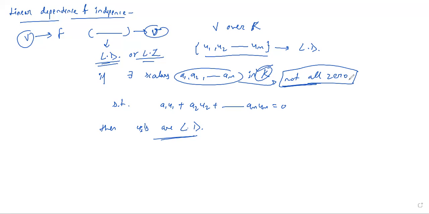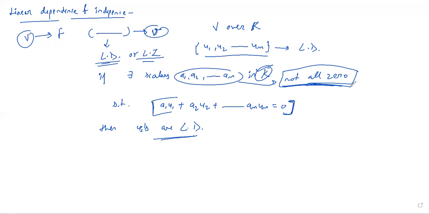Some of the ai's can be zero, but there should be some ai's which are not zero, such that the linear combination of these ai's with the ui's is equal to 0. This is the required condition for linear dependence: the ai's should not all be zero.